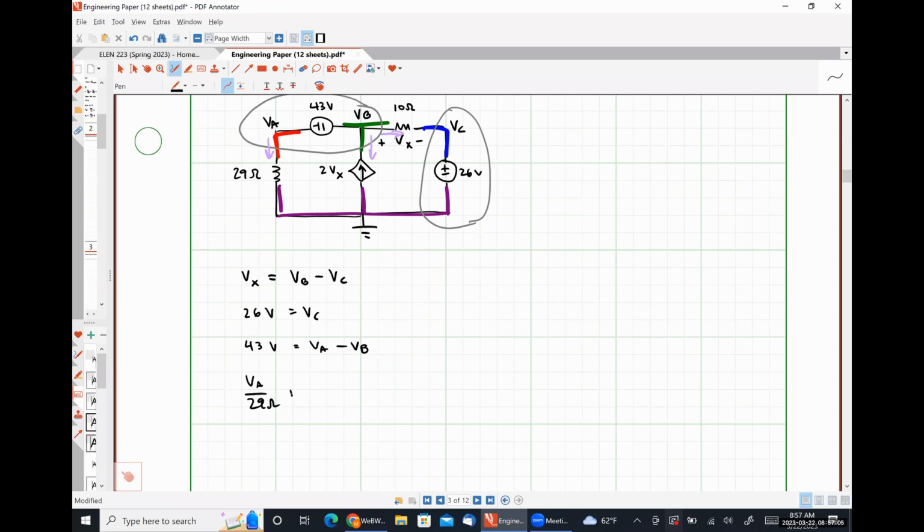What's the current flowing down through my dependent source? Minus 2 Vx. What's the current flowing to the right through my 10 ohm resistor? Solve it. You're done.